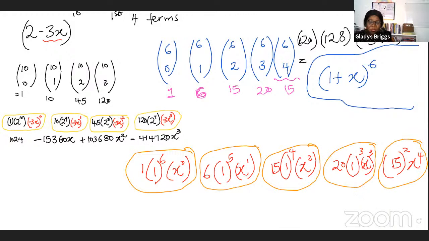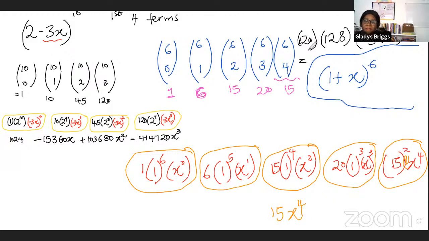15 to the power of 2, 225. 15 times 1 to the power of 2, 15x to the power of 4.